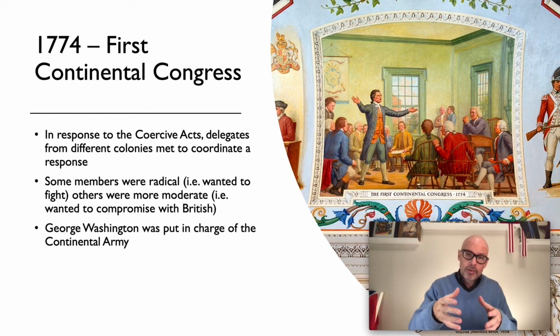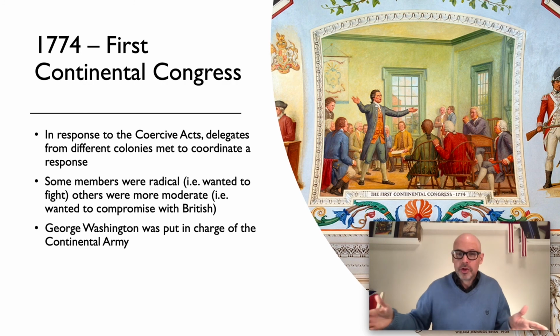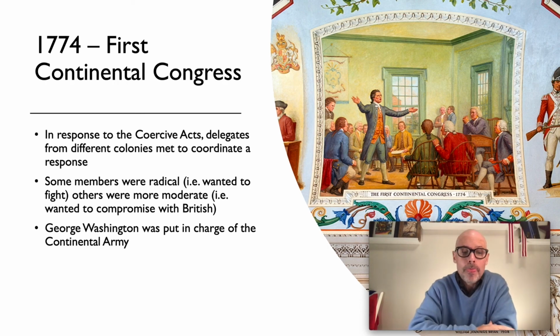But anyway, while this is happening in Philadelphia, Boston is still under complete control by the British. You can't even talk to other people on the streets because it's completely controlled. They were rebellious, and now they're being completely controlled by the British.